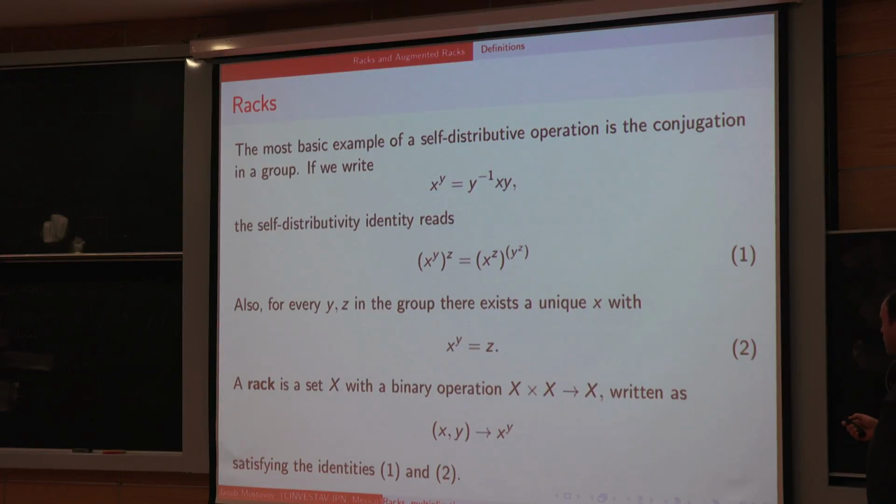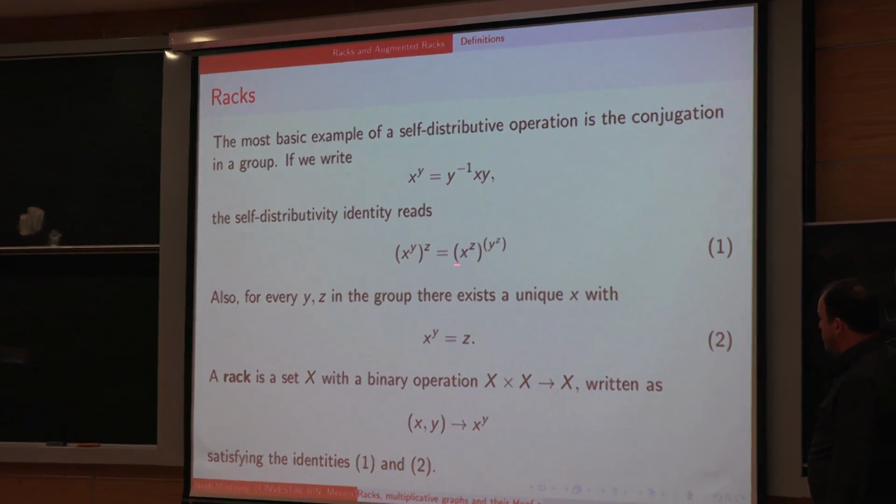So, right, we have an operation, x to the y, and this operation should be secretly thought of as something like this. And the conjugation satisfies this self-distributivity identity.